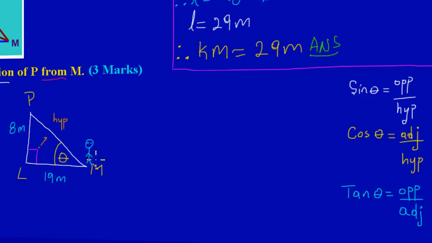And what I'm going to do, standing here, is ask myself about the side that is given, which is for example PL, what relationship PL has to the angle that I'm standing at. Now if you notice carefully, my friends, PL is really across from the angle, and I'll draw an arrow to emphasize that.